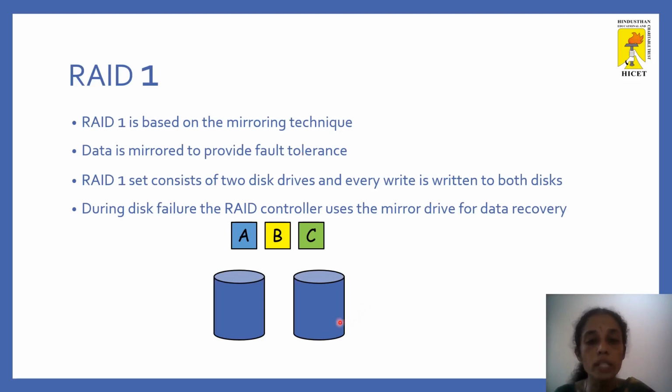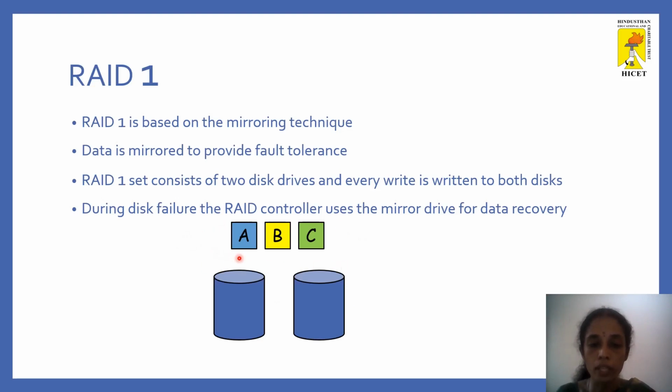A minimum of 2 disk drives is needed for RAID 1 implementation, and every write is written to both the disks. During any failure, the RAID controller uses the mirror drive for recovering the data by extracting the replicated data.